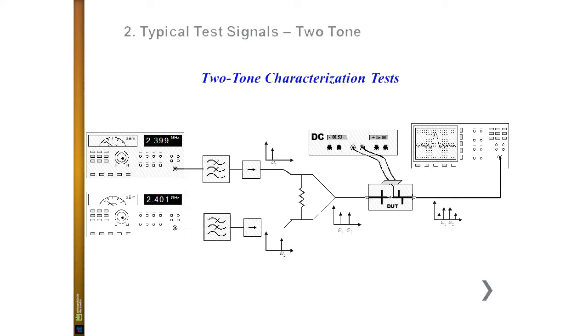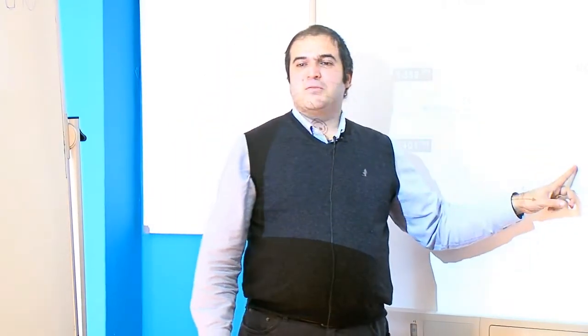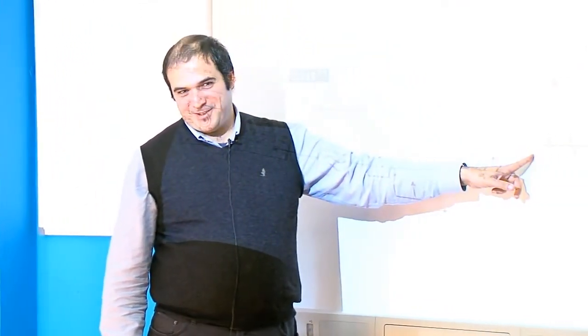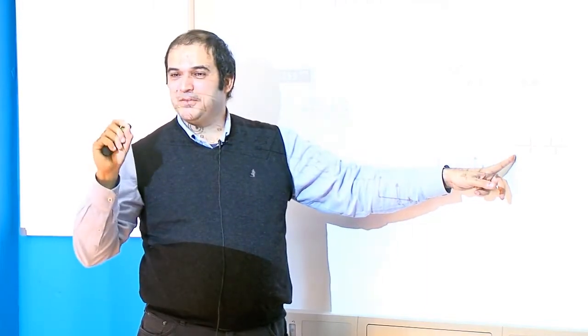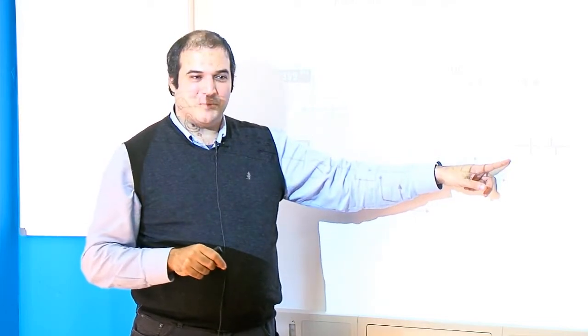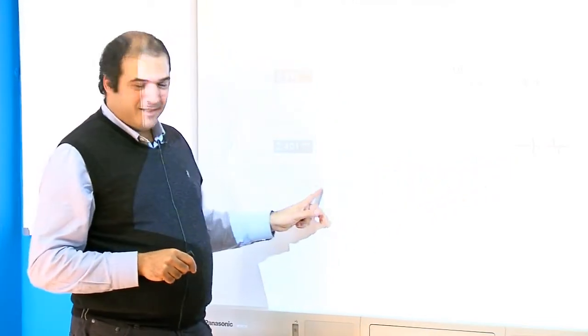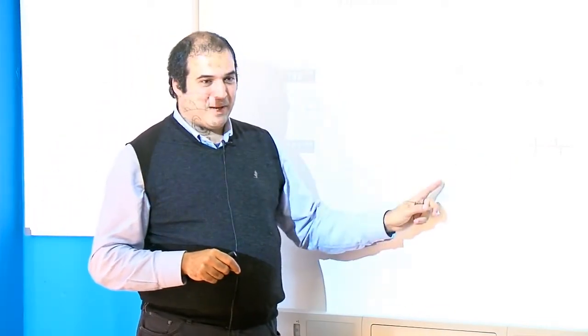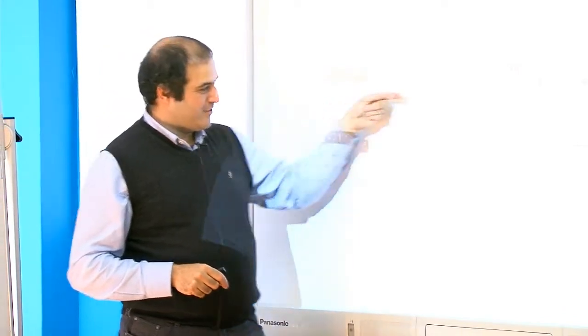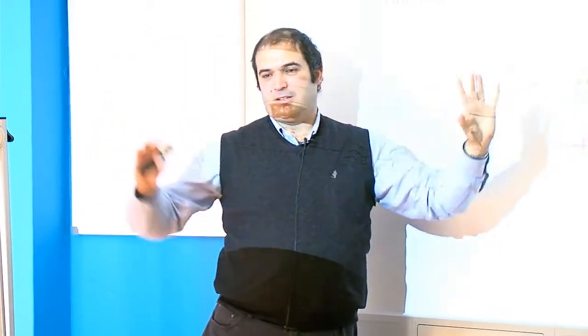What is the problem? The problem is that this was designed for a 50 ohm system. This sometimes is not a 50 ohm system, it approaches a 50 ohm system. So you'll have some kind of return loss here. So you have some kind of return wave. What will happen? This signal will not be perfectly matched here. So this signal goes here, enters this generator, creates a nonlinear distortion, comes out, and you measure that huge nonlinear distortion.